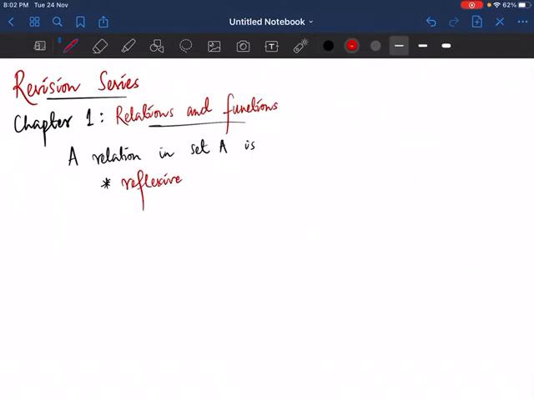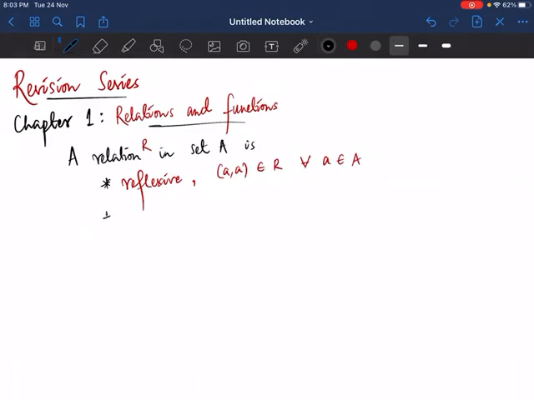It is called reflexive when (A, A) is an element of R for all A, element of capital A. So I am defining a relation in set A and that relation is capital R. This relation in set A is said to be reflexive when each element of set A is related to itself, so (A, A) is an element of R. Then we can say that it is a reflexive relation.